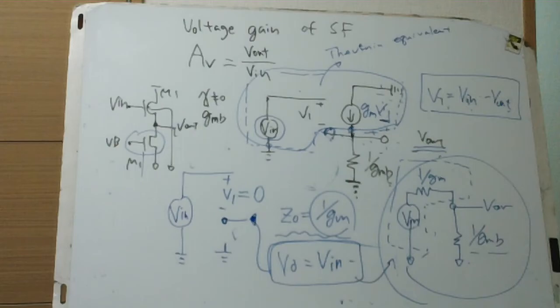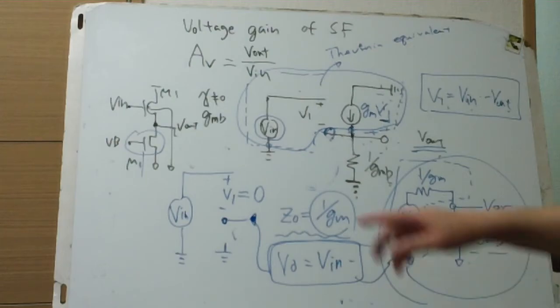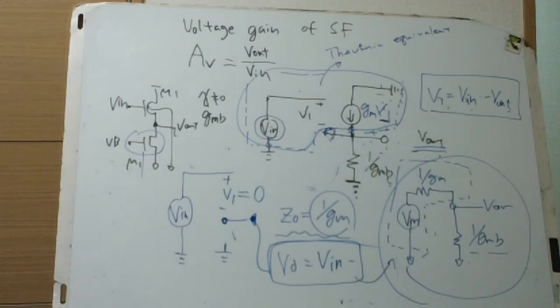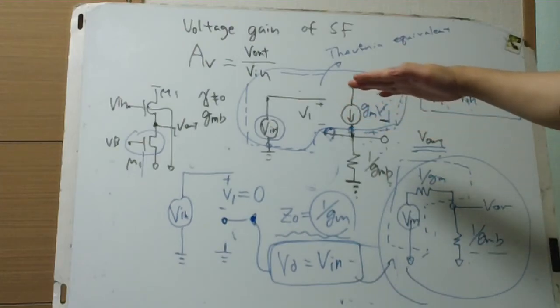When the current source is there, current source is here, voltage here. Looking from the V out, using the AC equivalent circuit, looking at the voltage source from the V out node.